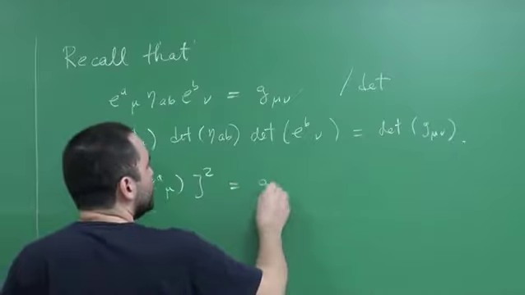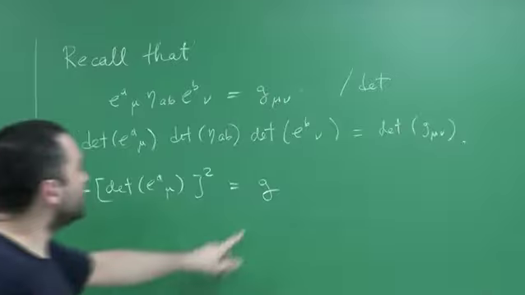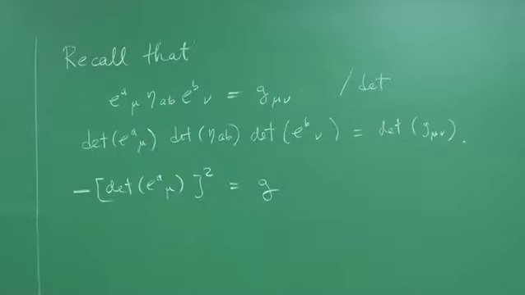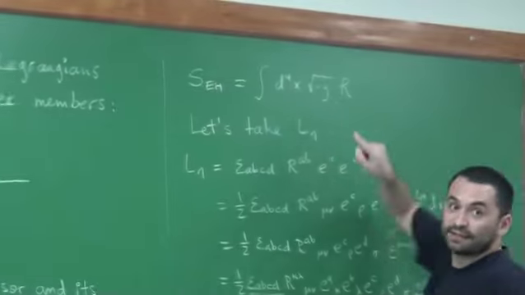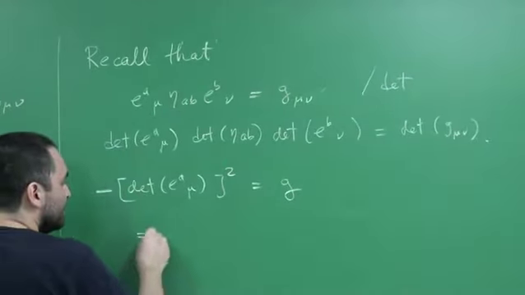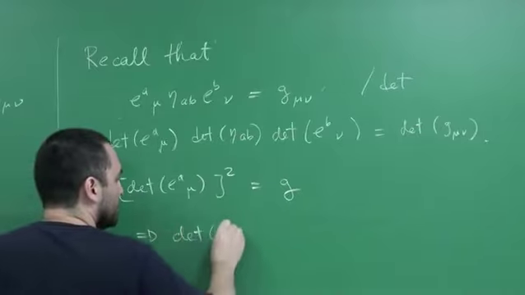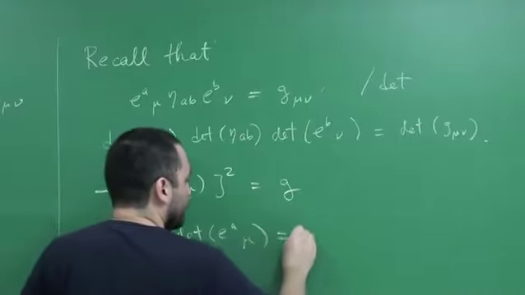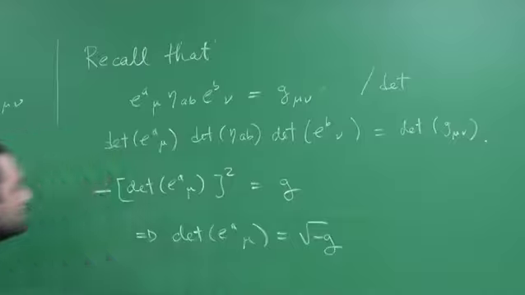And this is called g. This g is the one that appears here, the determinant of the metric. And so that's where it is.